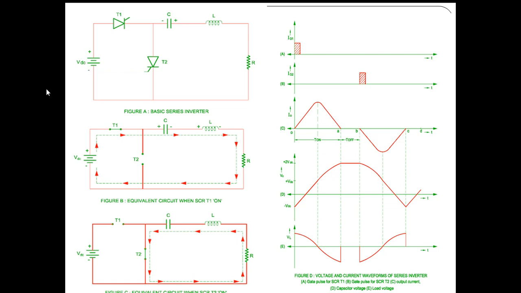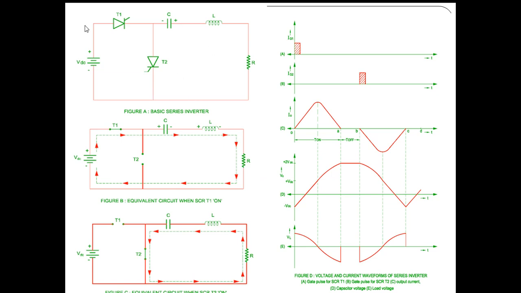Our intention is to convert this DC source into AC at the load end. We are going to see how we are converting this DC into AC.